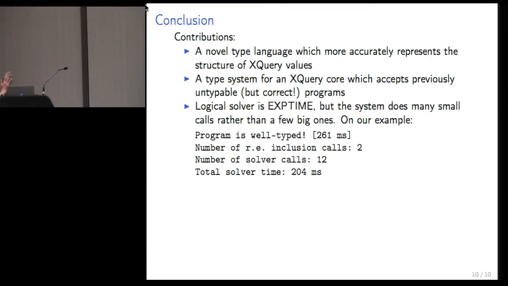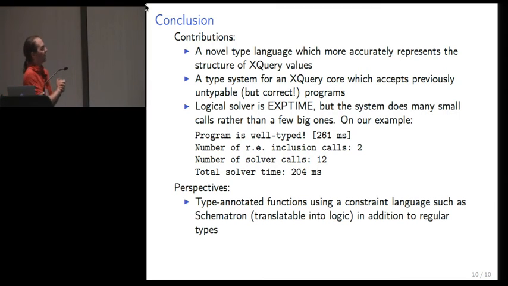Also, a feature of our system is that we use a satisfiability checker. So it's expensive, it's EXPTIME, but we do many small calls because we compare individual tree nodes. We have many small exponential calls instead of one big one. On that example I just showed you, we called the solver 12 times, but it does respond quickly.